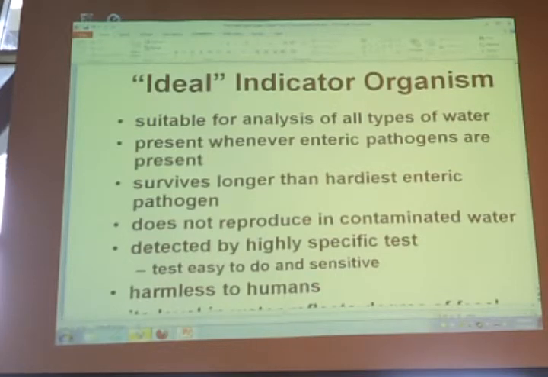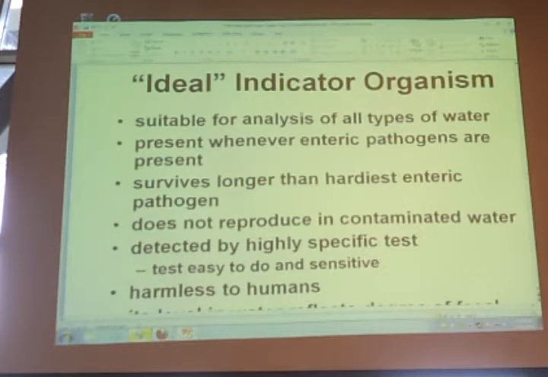We want to use the money wisely, because we don't want to not have these particular types of testing done. That's what happens in other countries and why you can't really trust drinking the water in a lot of other places. So we want to just find it when they're present. We don't want to find it when they're not present. We don't want a false positive, but we don't want a false negative either.